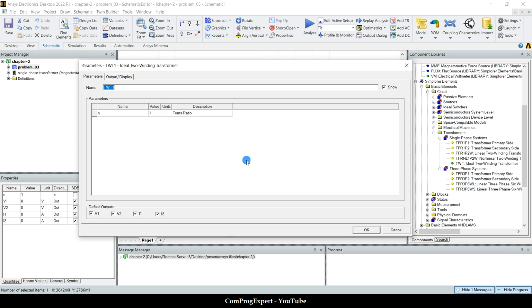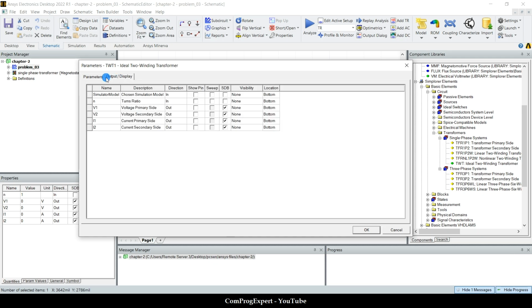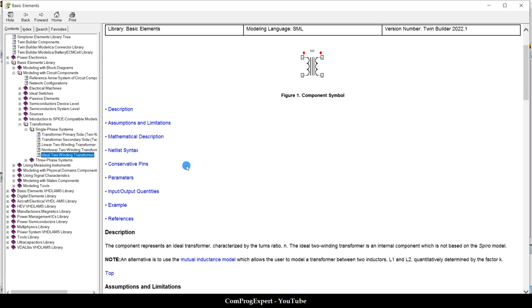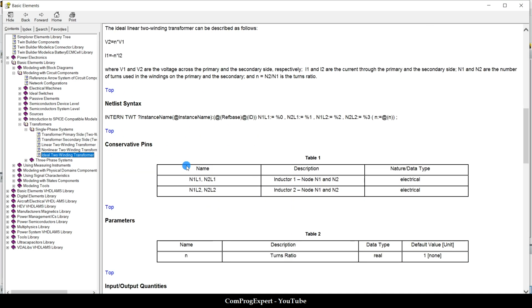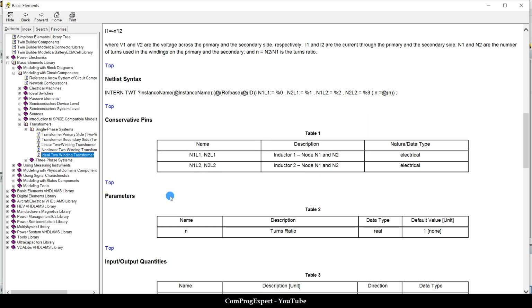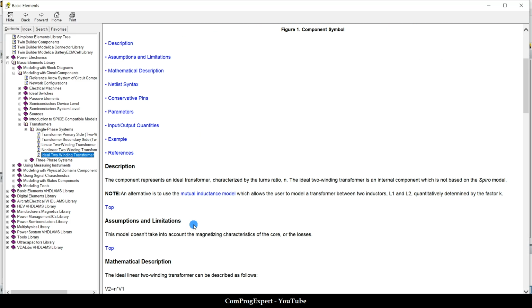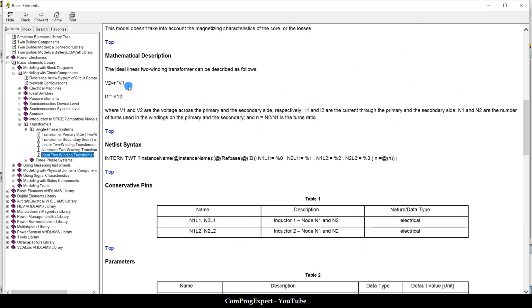So here, what is the turns ratio? We have n here, this parameter, but let's check the help of this component. As you can see, the turns ratio is defined as, where is its definition? If you look at this equation here, V2 is equal to N times V1. So N is N2 divided by N1.